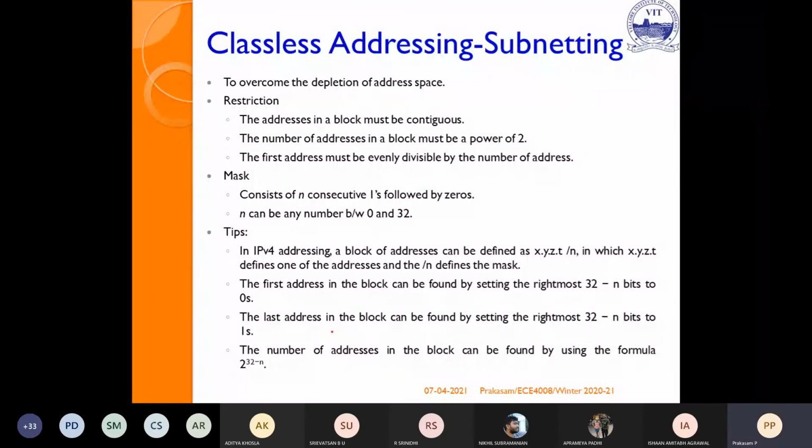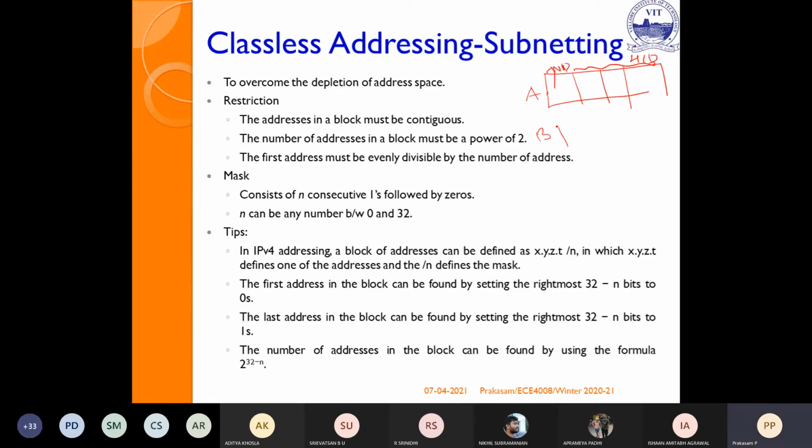So subnetting is classless addressing, because as per classful addressing, out of 4 bytes, if it is class A, the first byte is the network ID and the remaining 3 bytes are host.